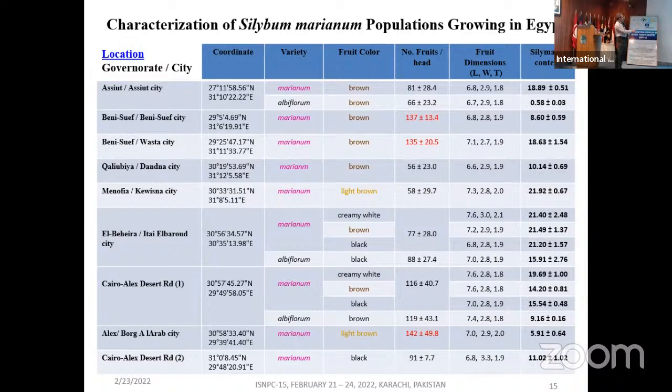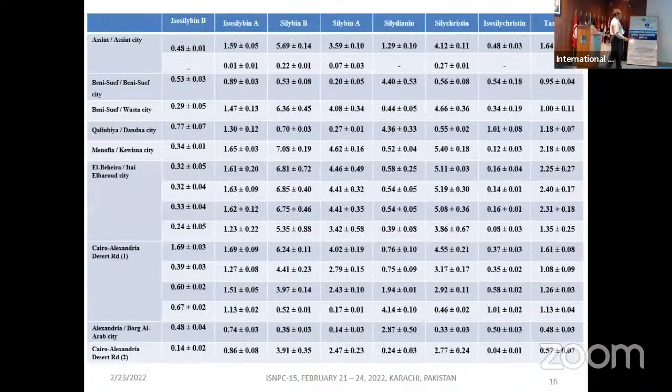From the south to the north, we characterized the different varieties available in this place, the color of the fruits and other morphological characters, and most importantly, the content of silymarin in different populations from which Silybum marianum can be collected all over the country. By using HPLC and NMR, we can obtain the content of the individual components present in the different populations.